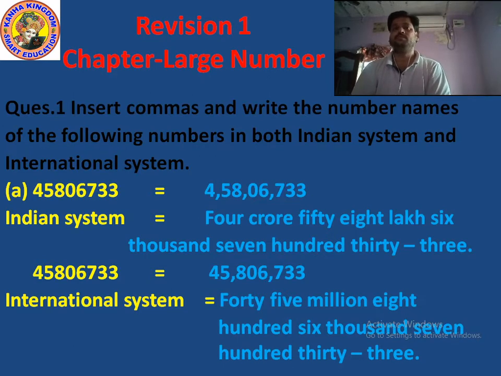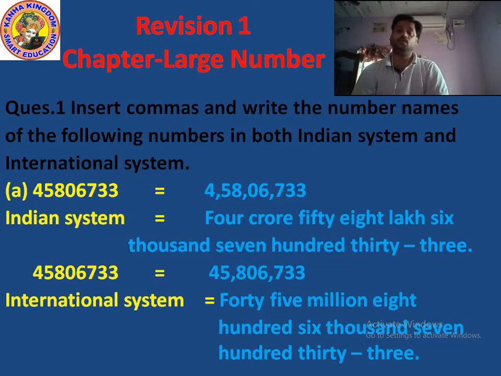In this question, one number is given and first you have to put commas in a proper way, and after inserting commas in the exact place, then you write down the number name in both systems. Both systems means the Indian system of numeration and the international system of numeration.